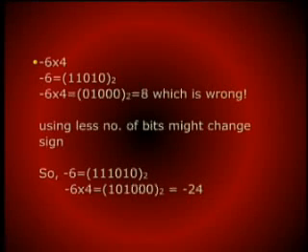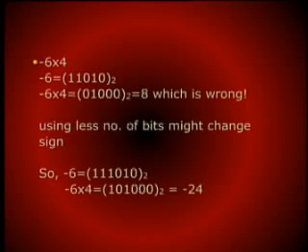Now let us shift it on the left by 2 positions. When we shift by 2 positions, it becomes 0, 1, 0, 0, 0, which is equivalent to a positive decimal number 8, and obviously this is incorrect.